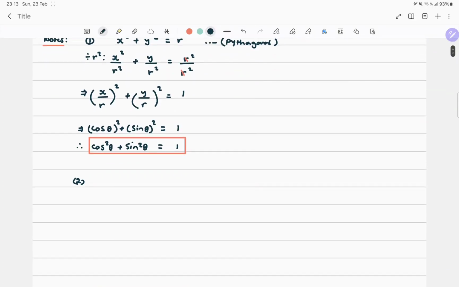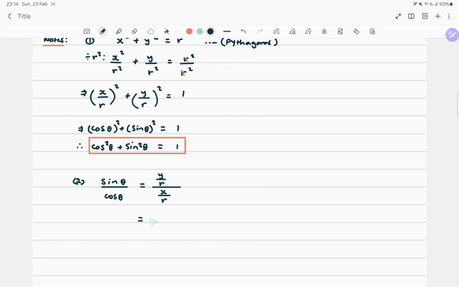What happens when we take sine of theta and divide it by cos of theta? What do we get? Sine of theta is y over r. This is divided by x over r.